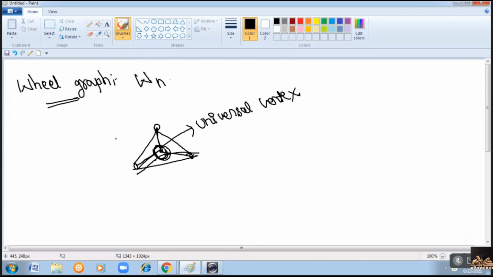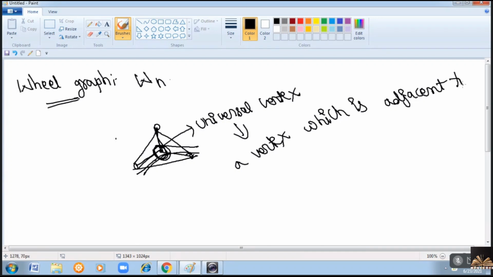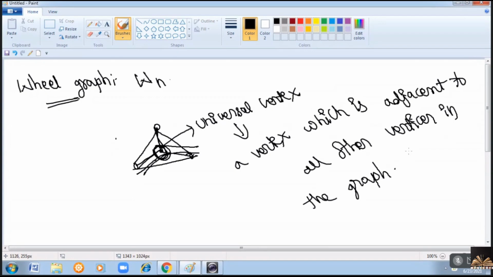This center vertex is adjacent to A, adjacent to B, adjacent to C. So a vertex which is adjacent to all other vertices in the graph is known as a universal vertex. So for a cycle graph, if you add a universal vertex, then we will call it a wheel graph, right?